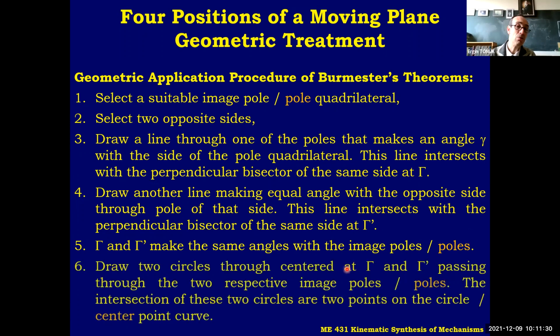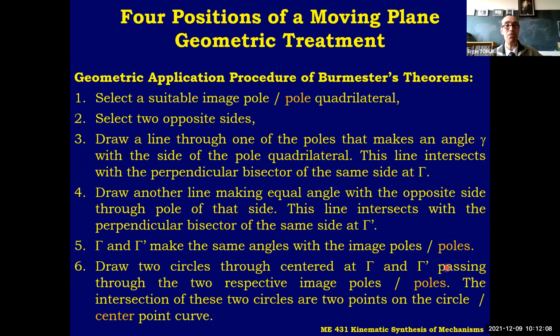Then we are going to draw two circles, and these circles are sometimes named as pencils of circles, which have centers at gamma and gamma prime, passing through the two respective image poles for the circle point, or poles at the center point. The intersection of these two circles are two points on the circle point curve if you use image poles, or center point curve if you use the poles themselves.